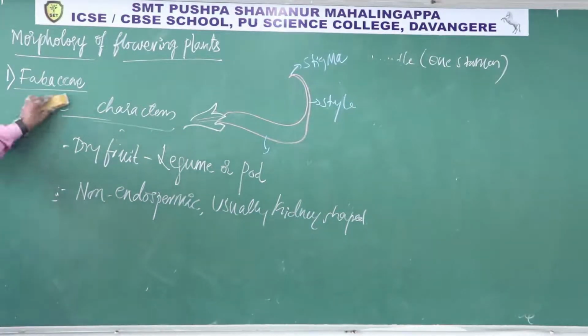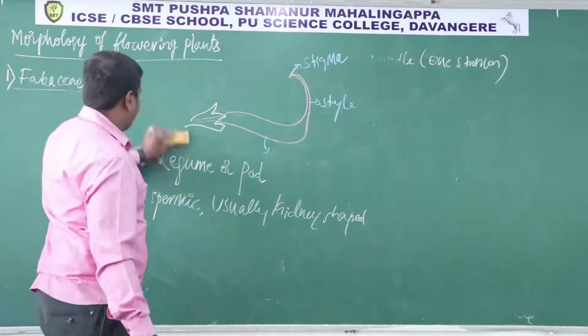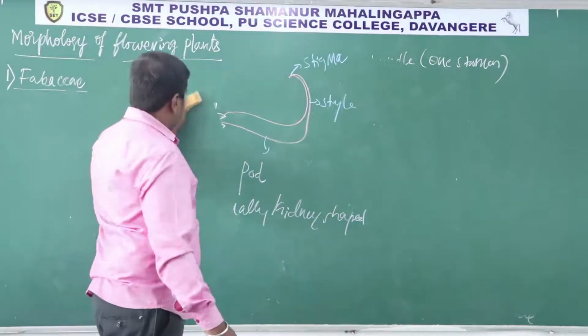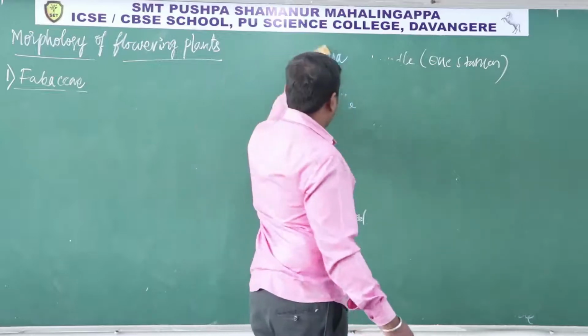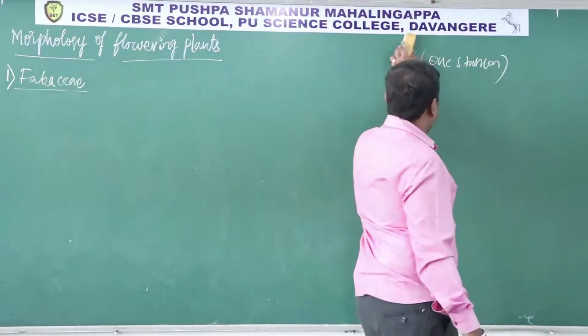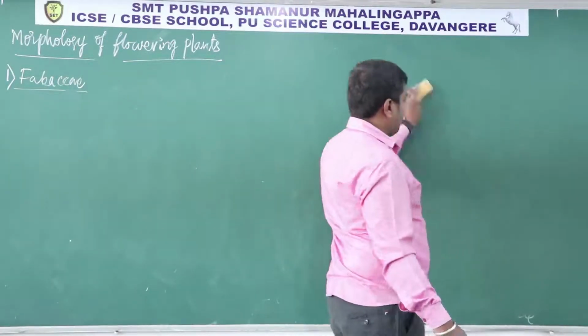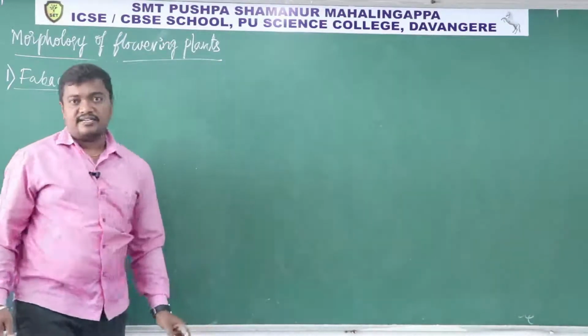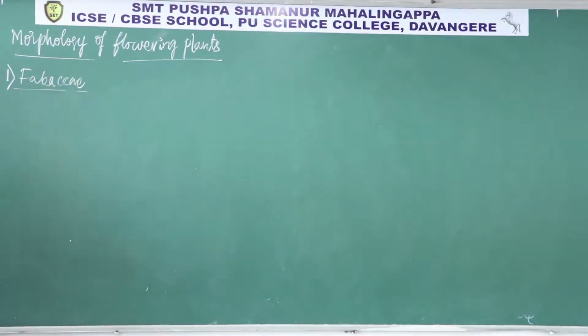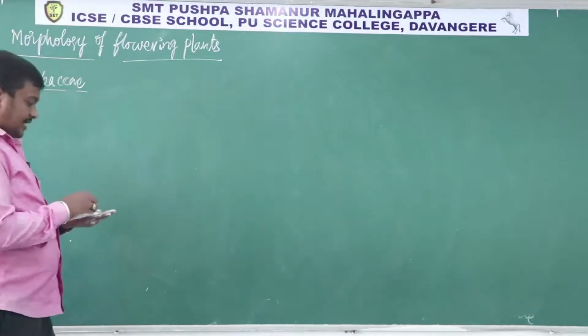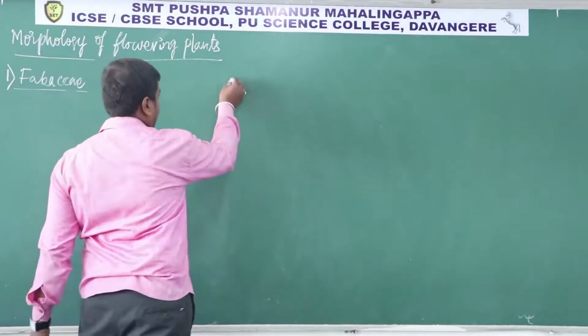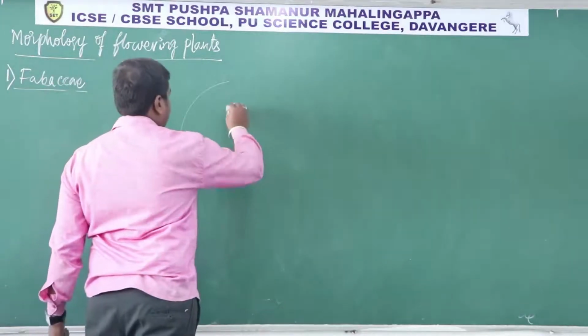Next, come to the floral diagram and the floral formula. I already discussed the floral characters. Calyx and corolla: calyx is valvate aestivation, corolla is vexillary aestivation, and it is a zygomorphic flower. So let me write the calyx character.